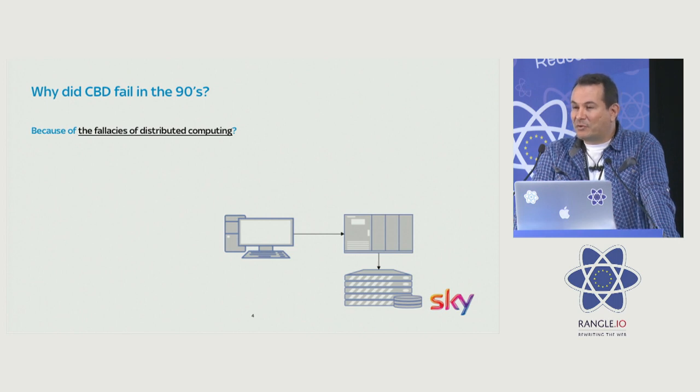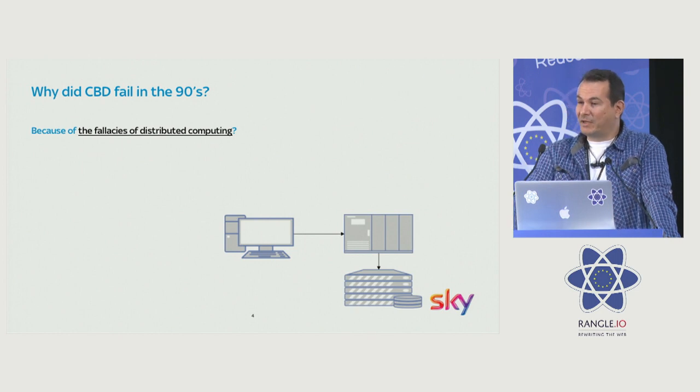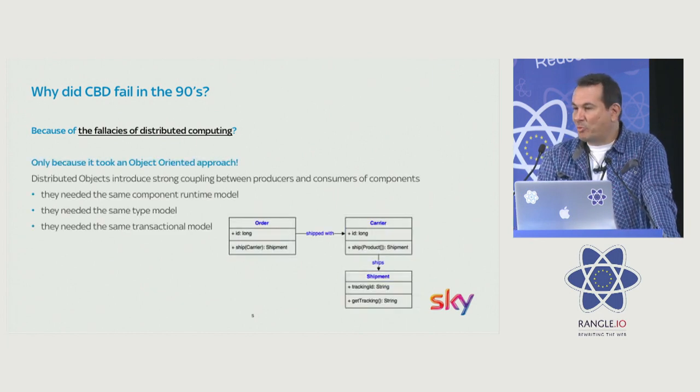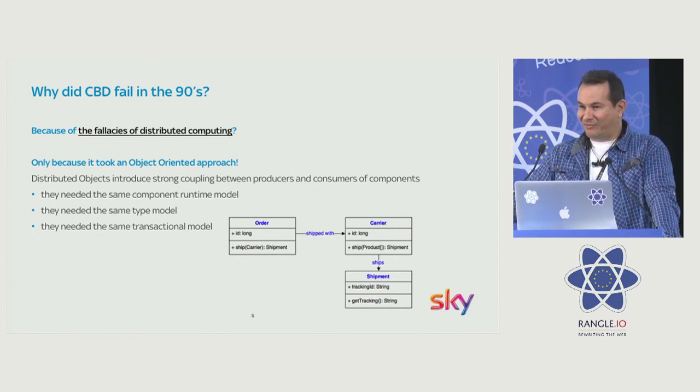The leaky abstraction is the assumption that it's always there. There's no latency. There is infinite bandwidth. This is not the case. So the idea back then to use objects as if they were distributed on the network was the approach which I think made it fail.